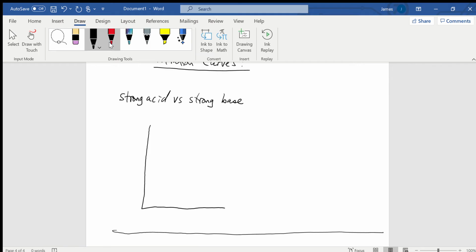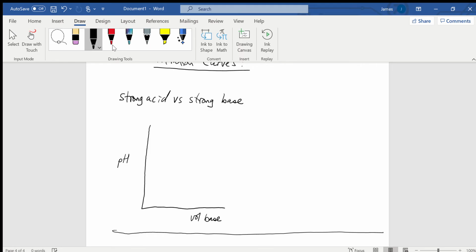If we were to plot pH on the y-axis, so the power of hydronium ion on the y-axis, and then whatever is on the x-axis typically would be the chemical that goes in your burette. So let's say more often than not you'll have a volume of base added here.